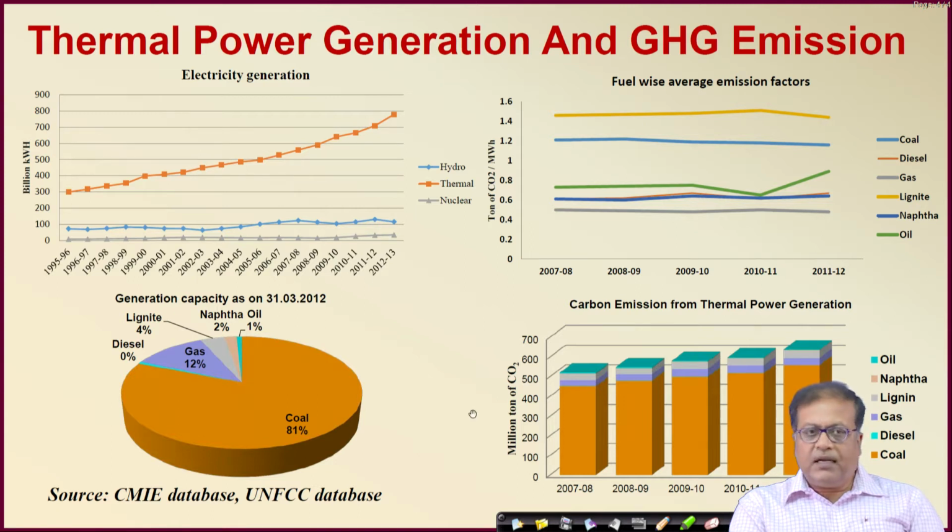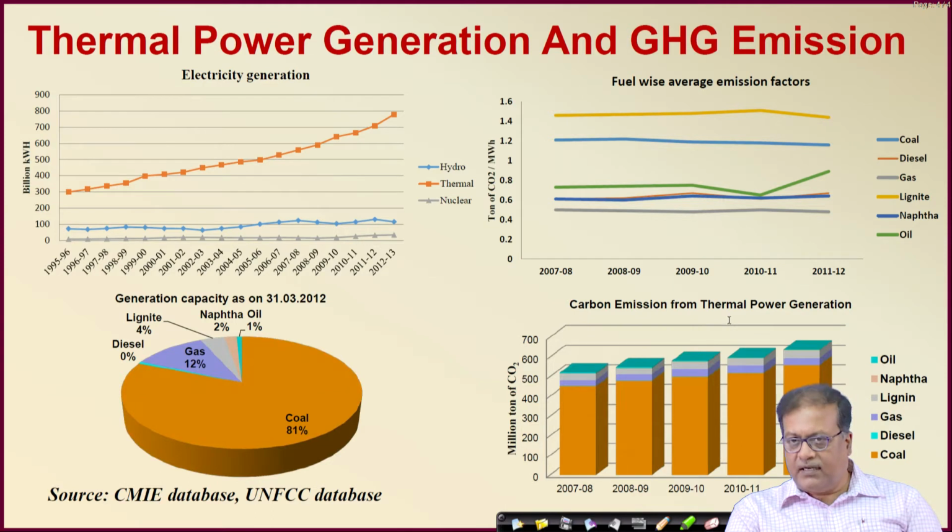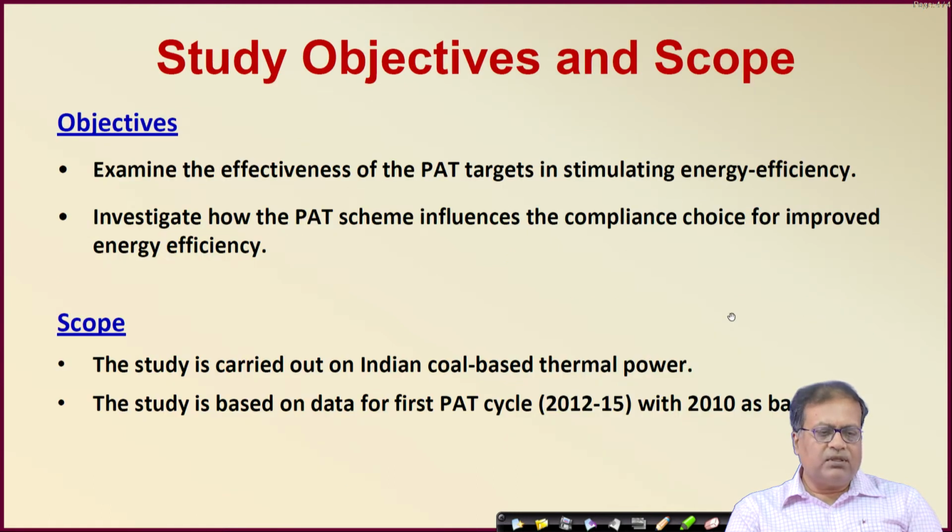So the indicators are not very good. Considering the target in the previous slide, that as much as 46% is the energy saving target under thermal power, it is imperative that we focus on the coal sector. That is the essential idea why the coal sector is specifically chosen.